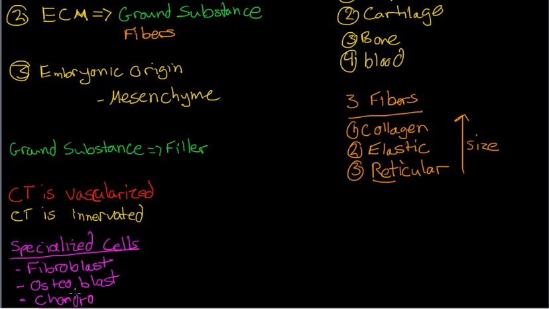Each one of these is specific to a certain type of connective tissue, and you can tell by their name. You have fibroblasts, for fibers, osteoblasts, with osteo for bone, and then chondroblasts for cartilage.